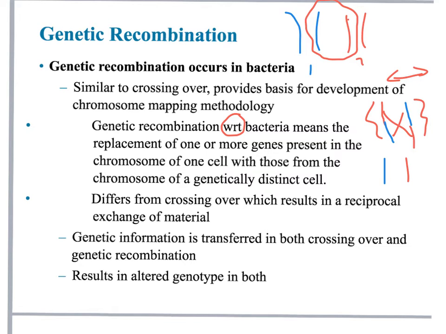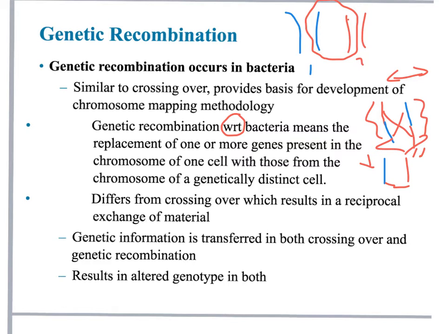Genetic recombination differs from crossing over in the sense that crossing over gives you a reciprocal change of information. We saw that when these chromosomes crossed over, it was reciprocal. Each one got a piece of the other. But in genetic recombination, there's no reciprocal exchange.